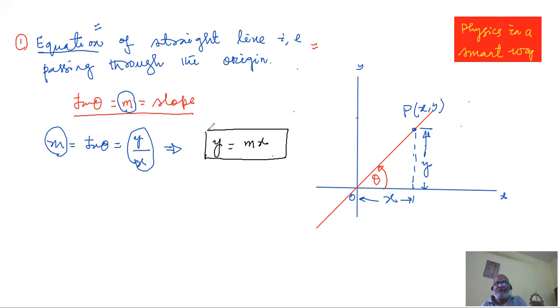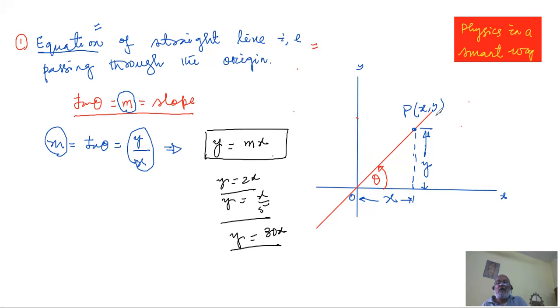And mind it, if you change the value of m, because m equal tan theta, for different values of theta you'll get different values of m. So by taking different values of m, we can find many different straight lines passing through origin. Maybe y equal to 2x, or y equal to x by 5, where m equal to 1 by 5, or y equal to 20x, or y equal to 30x, something like that. So many different straight lines are there.